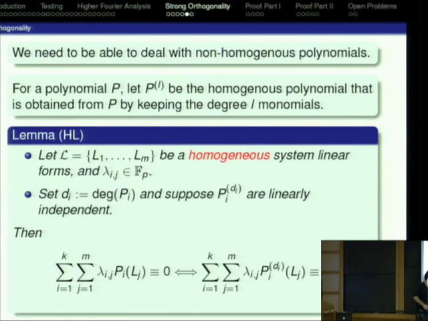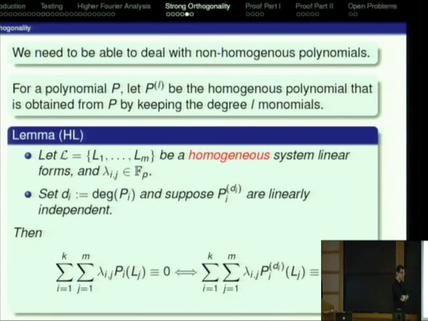So again, this linear combination being 0 is equivalent to just the highest degree part of the polynomials, which are the monomials of degree exactly di, giving us 0. So if your linear system is homogeneous, then again, it's the same thing. We don't need to distinguish between homogeneous polynomials and non-homogeneous polynomials. We have the equivalence. So, maybe I don't understand. Homogeneous refers to what now?